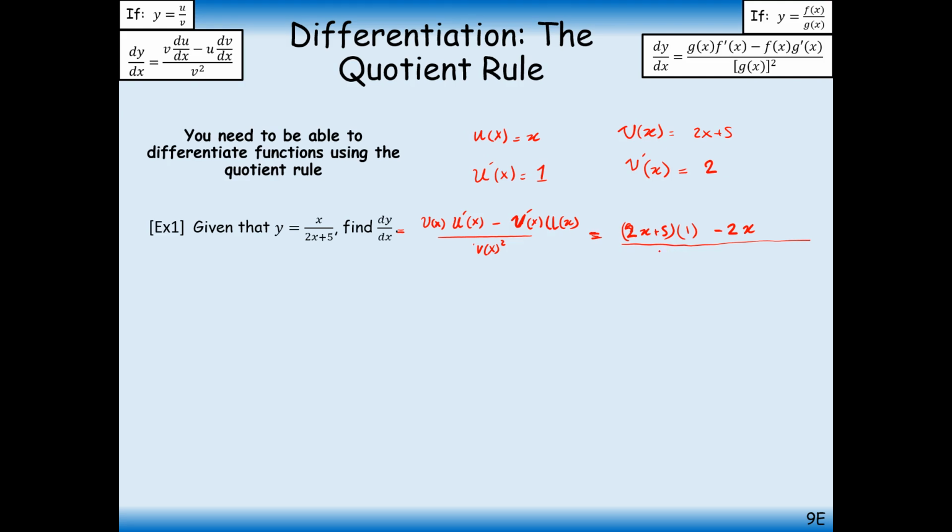So that's basically just 2x, and the square in the denominator is 2x plus 5 squared. Multiplying out the bracket, 2x minus 2x is going to cancel away, and we will have simply a 5 on top of the denominator. I forgot about the square in the denominator. And if you want to expand the bracket there in the denominator, you can: we have 4x squared plus 20x, and finally 25. So there is the answer.